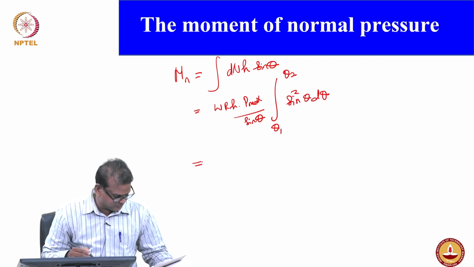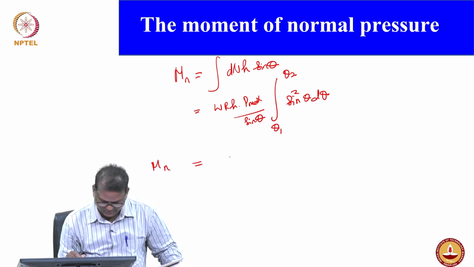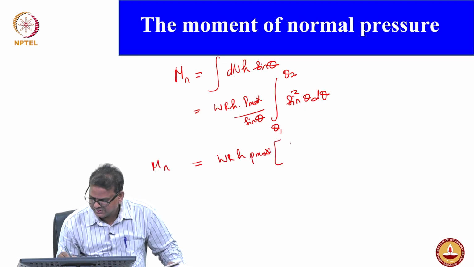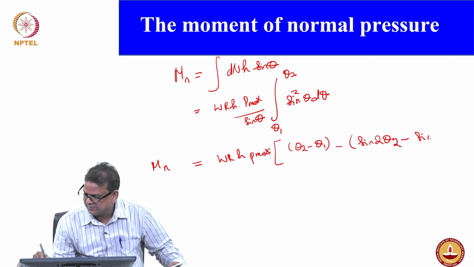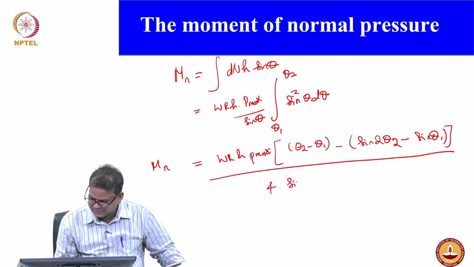Once you substitute, finally Mn would be arrived as W R h p max, theta 2 minus theta 1 minus of sin 2 theta 2, sorry, sin 2 theta 1, divided by 4 sin theta max.